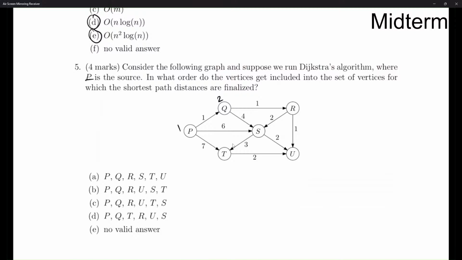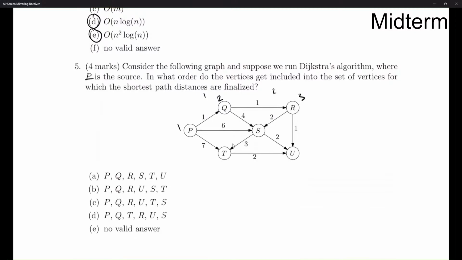We also have to accumulate this, so currently it's 1 plus 1. This is 2, this is 3, and then 3, and then this is 4, then 4, and then this is 5.